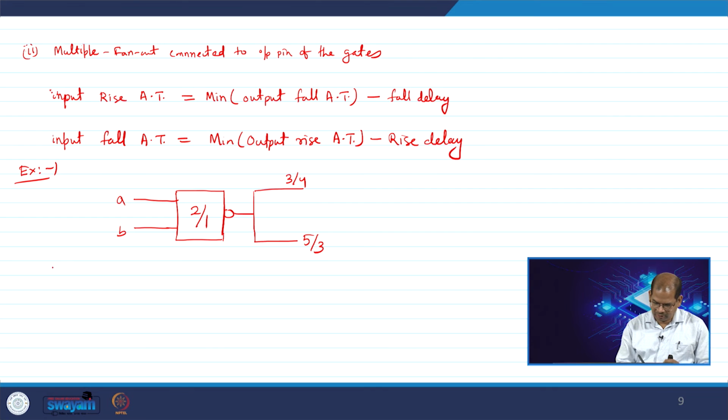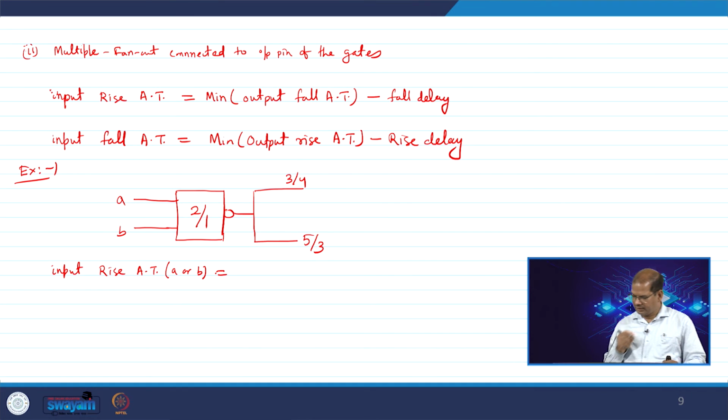So, the input rise arrival time at both nodes A or B does not matter here. So, here it will be the minimum of output fall arrival times, which are 4 comma 3, minus the fall delay, which is 1. So, this will be 3 minus 1, which is 2.